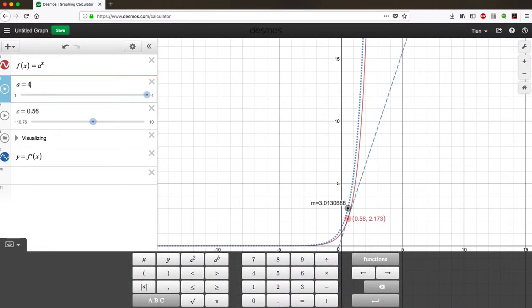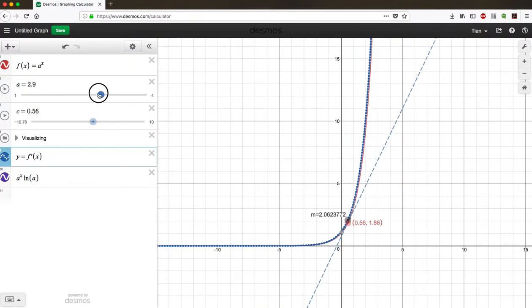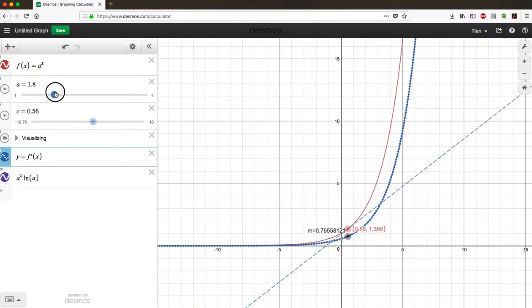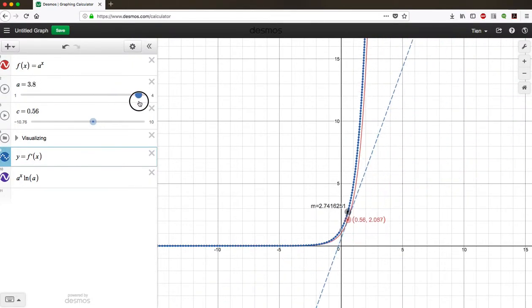If I go over, like 4 is greater than e, then the derivative goes above it. Now the exact shape of this function is a to the x natural log of a. And we can see that purple line go directly above the blue dotted line. And that's going to be true no matter how I adjust a.